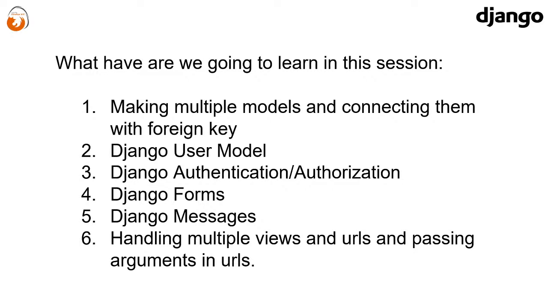On the other hand, authorization means I have claimed that I am Akshat Gupta and the system knows that I am Akshat Gupta, but now I want to access a file or a view or anything. So, am I authorized, or do I have proper permissions to access that file, is known as authorization. So authentication is like claiming who one is, and authorization is checking if he has particular rights or permissions to access the particular thing.